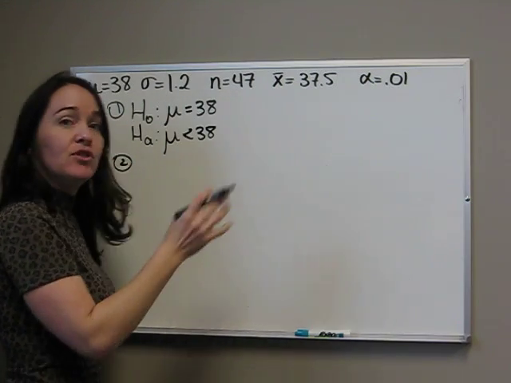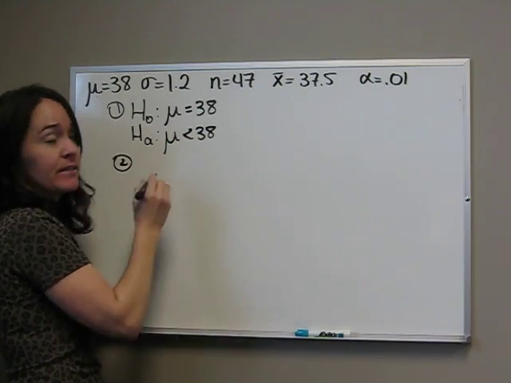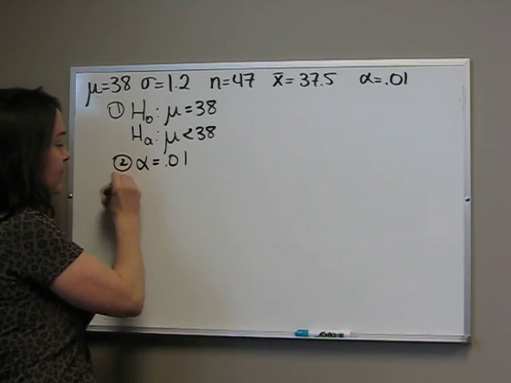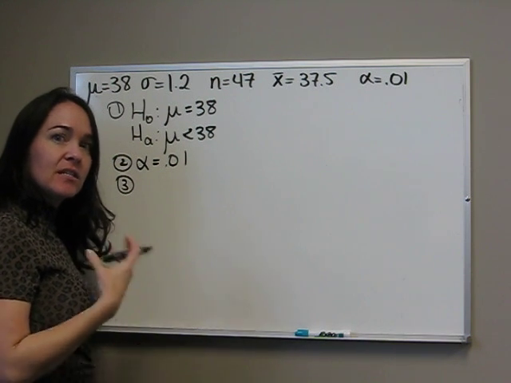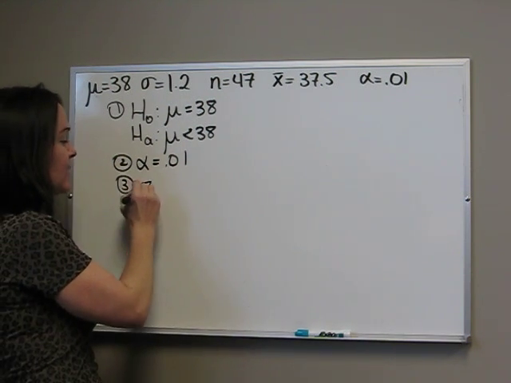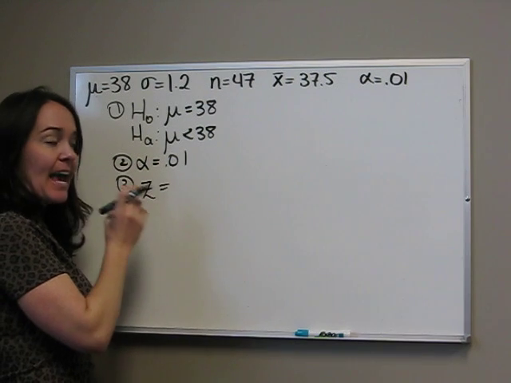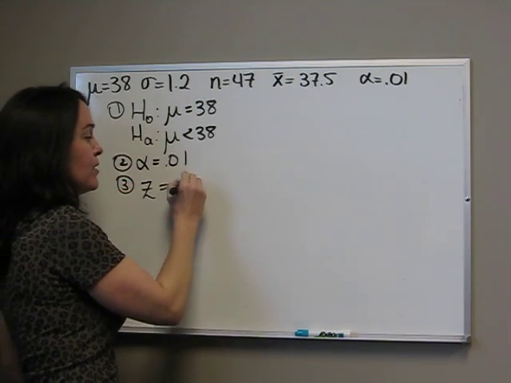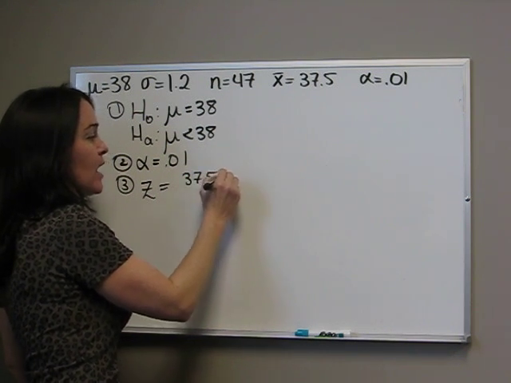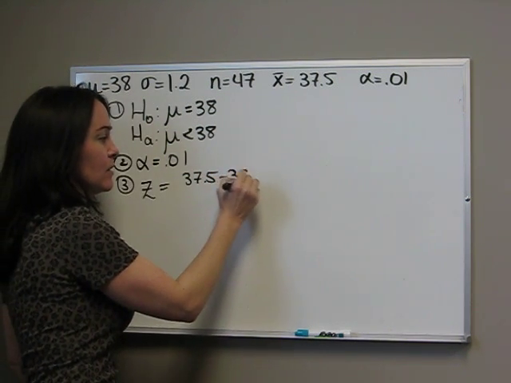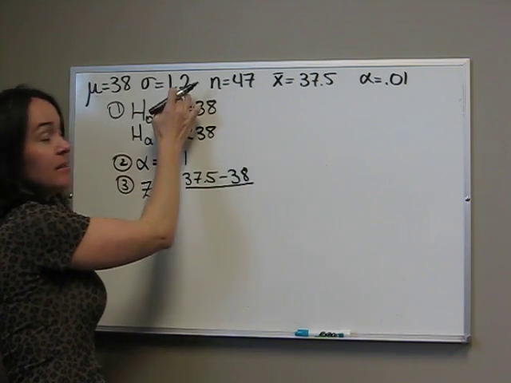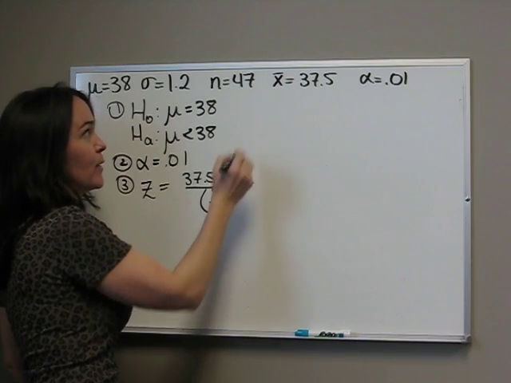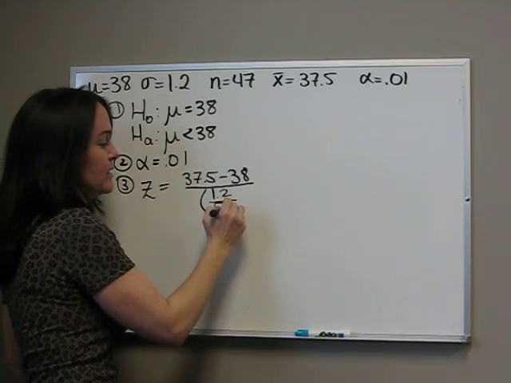Second step, just to restate our significance level. Alpha is 0.01. Third step, that's where we get our test statistic. All that is, because this is a z-test, is our z-score. The z-score is our x-bar, 37.5, minus the mean, 38, divided by sigma, 1.2, all divided by the square root of n, which is 47.